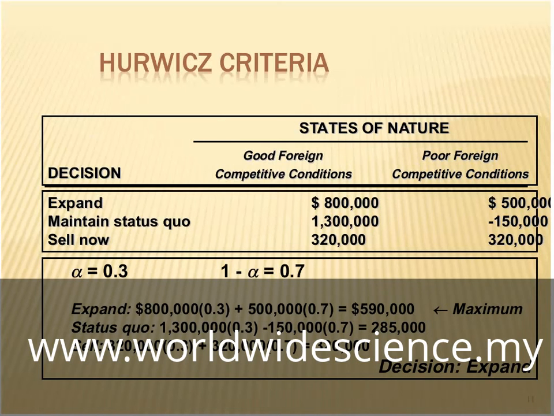For example, if your optimism to good finding competitive condition is less than poor finding competitive condition, based on your experience, you can allocate the number 0.3 to alpha for good finding competitive condition, and for poor finding competitive condition, this number is 1 minus alpha, because the sum of the two states of nature should be equal to 1.